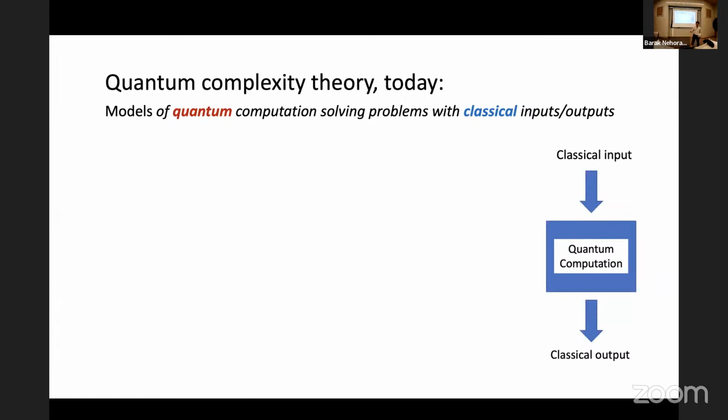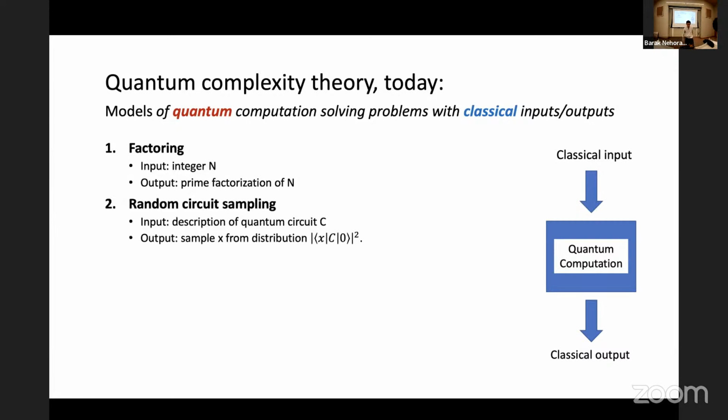Some examples of problems that people have thought a lot about over the last 3 decades: you have factoring, where the input is an integer n, and the output is a prime factorization of n. So it's classical input, classical output. Here's another, more recent problem, random circuit sampling.